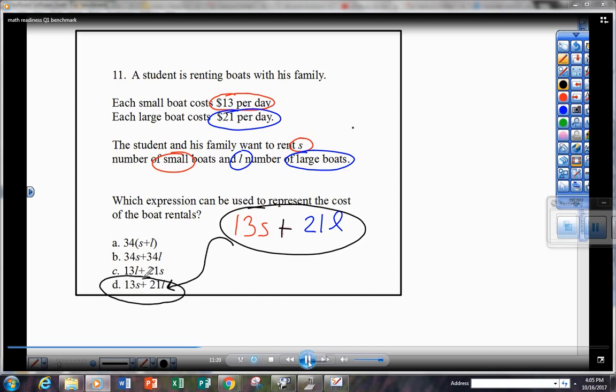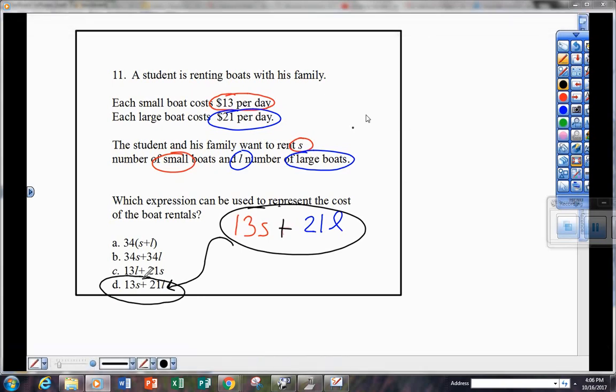I'm going to give you problem 6. On problem 6, I'm going to change this up, and I want you to write the expression that matches what I'm saying. A student goes to a place that rents boats for $17 per day for a small boat, and they also charge $20 for a large boat.